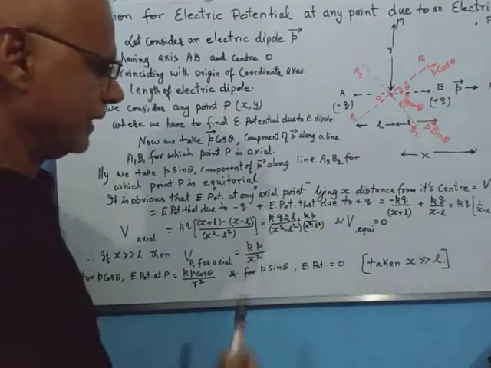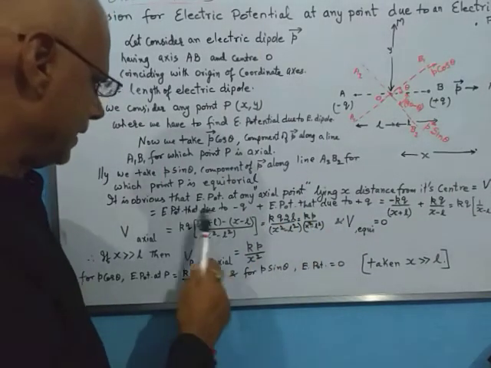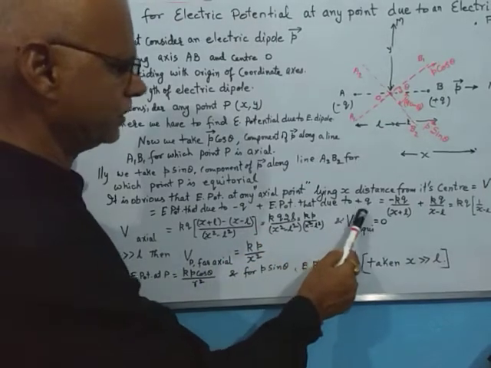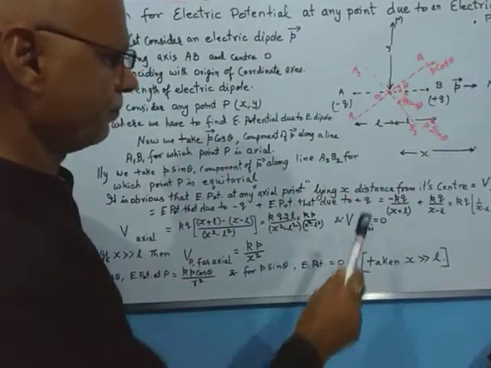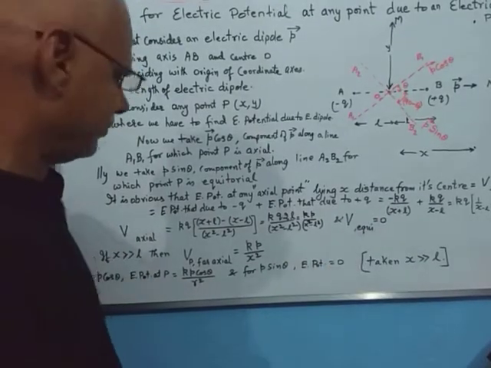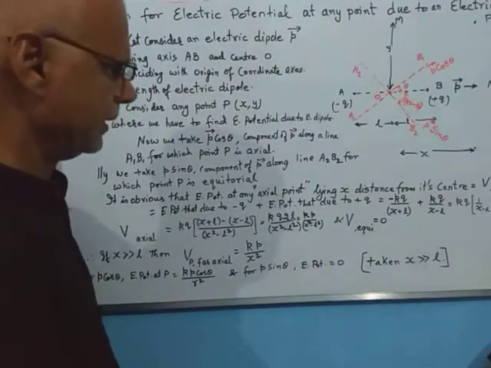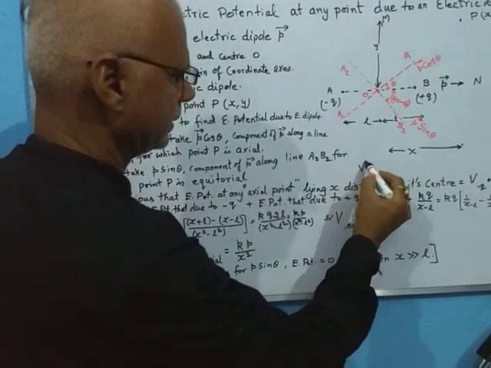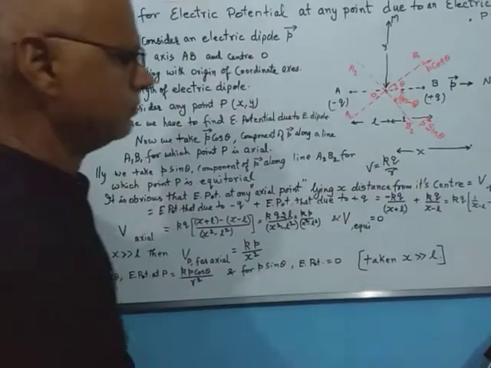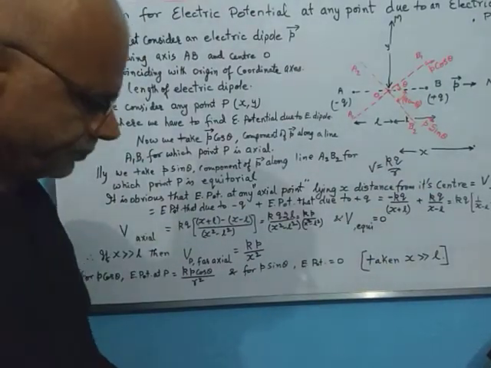We know the electric potential is given by the relation kq by r. We have already defined it.